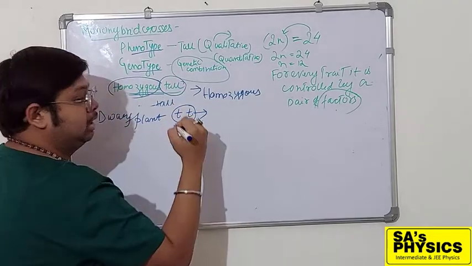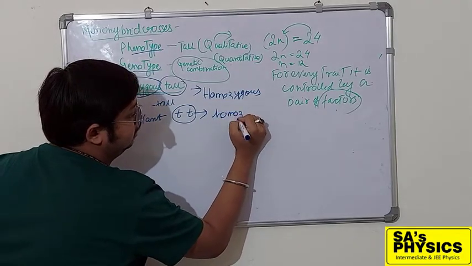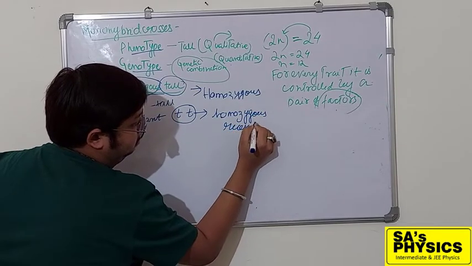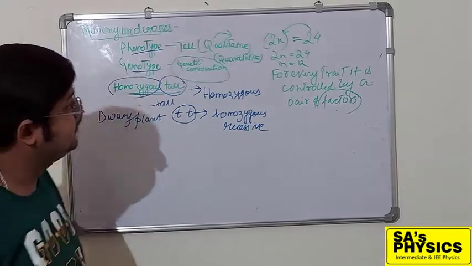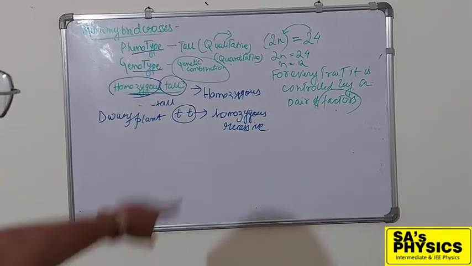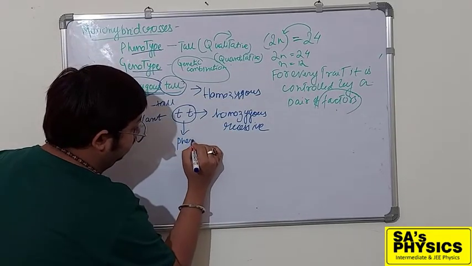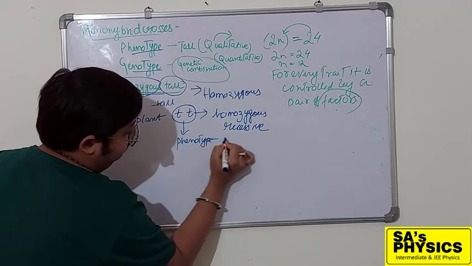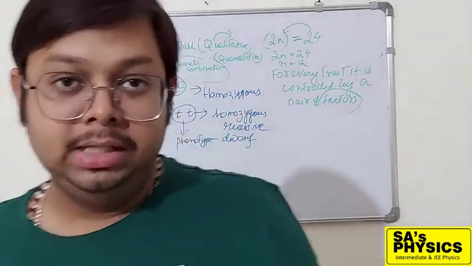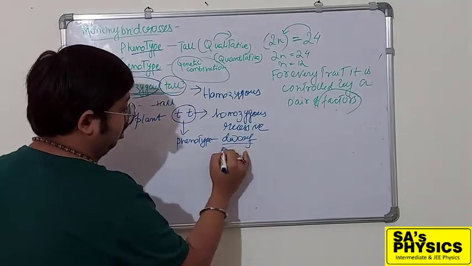So for expression of the recessive form, this is homozygous recessive. Right? Homozygous recessive. And the phenotype will be dwarf. So, for a homozygous recessive genotype, the phenotype will be dwarf.